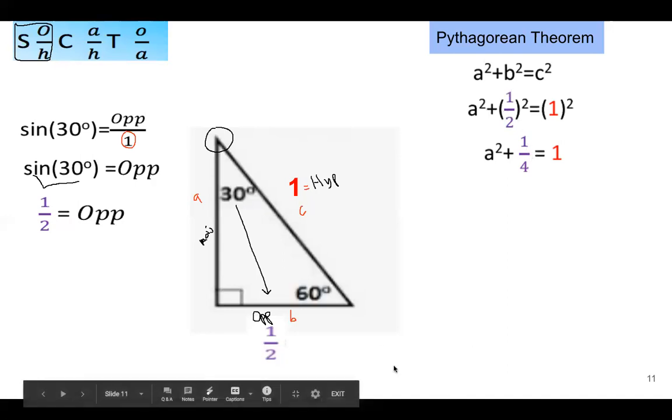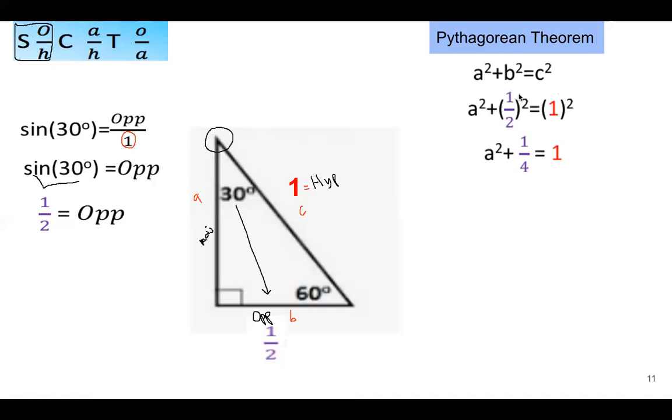I could even show you that side work. 1/2 times 1/2 is equal to 1/4, because 1 times 1 is 1, and 2 times 2 is 4. So that's how we get 1/4 right here.